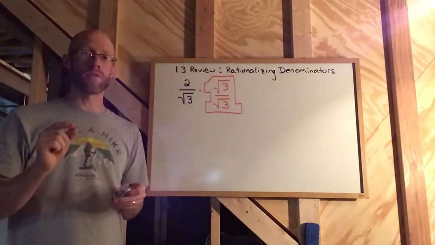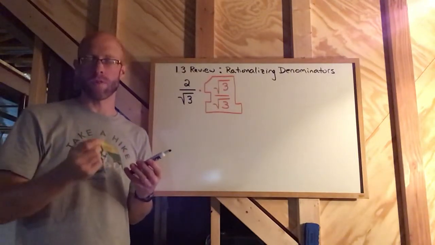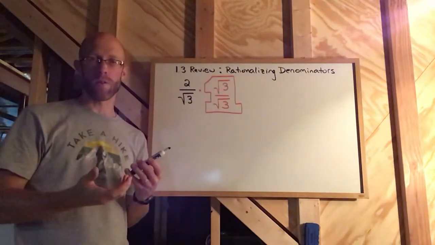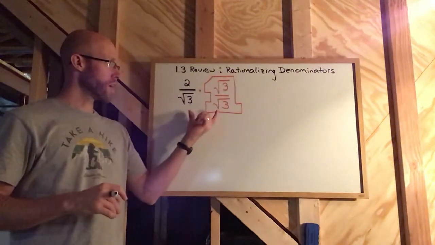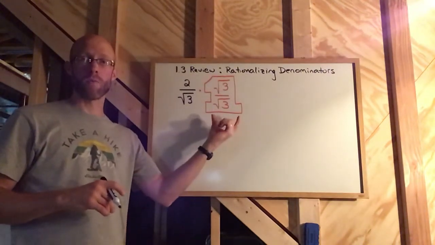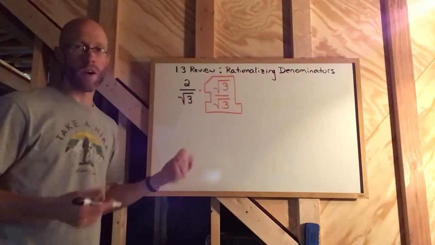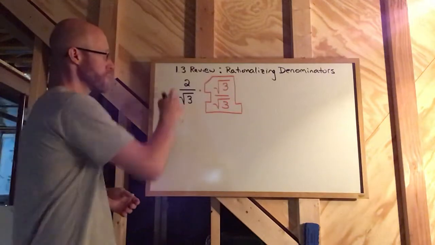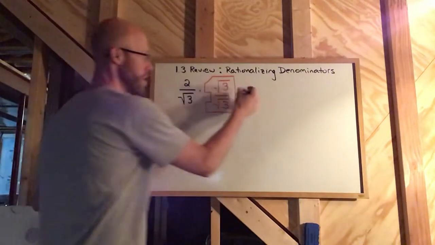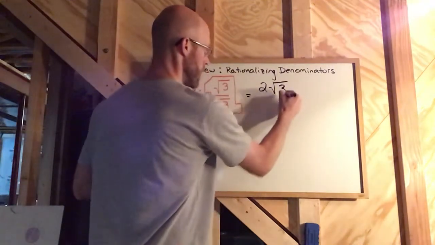So if we cleverly choose a very interesting way to write the 1, we can change what the fraction looks like without changing its value. And then we just multiply across. 2 times root 3 is equal to 2 root 3.